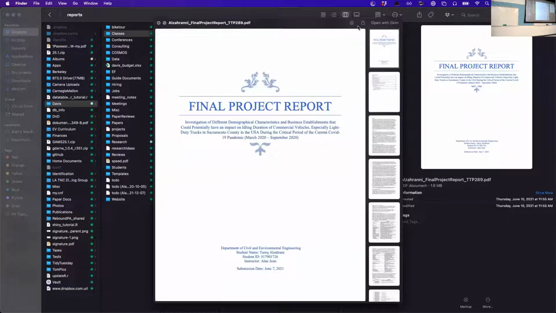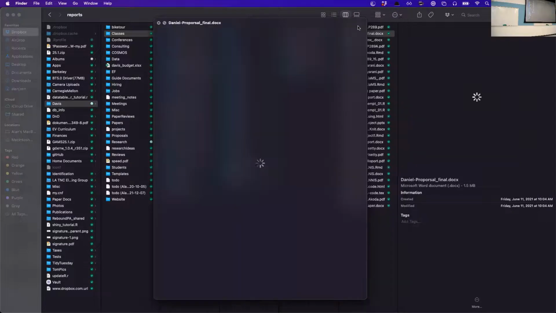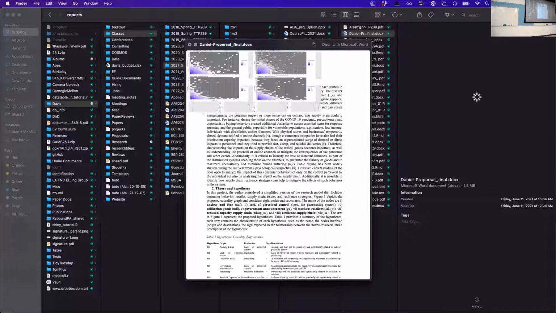Wow, long title: Investigation of different demographical characteristics in business establishments that could potentially have an impact. Oh, okay, yes. I don't know why this title was so long. So this one, they were looking at how attributes of cities and neighborhoods could affect traffic in certain areas. Let's look at a different one. Whoa.